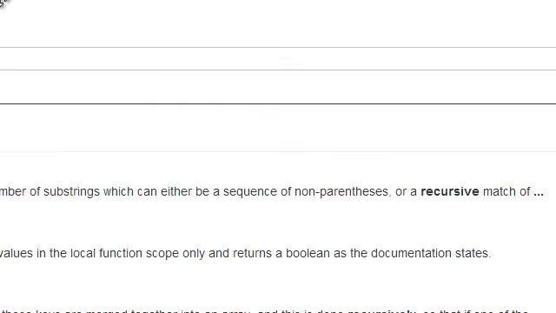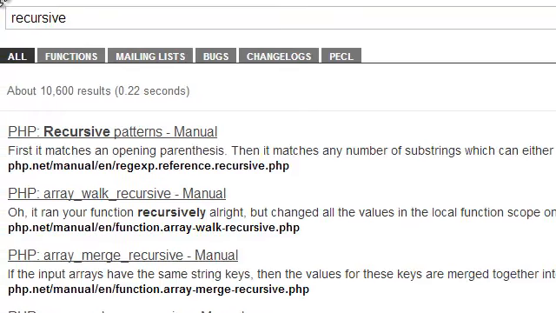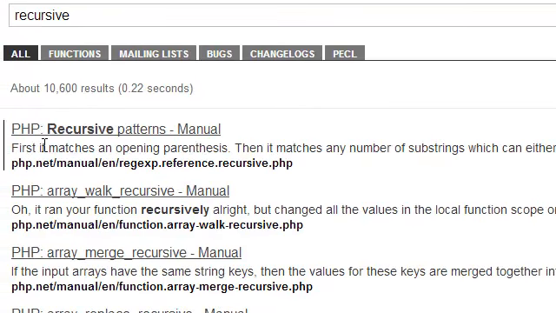These are the search results we got for recursive, and you can see that there are a lot of PHP recursive patterns. That means during your coding, there will be a lot of times you will be using the element recursive within the program, and a lot of technicality will be associated with it.